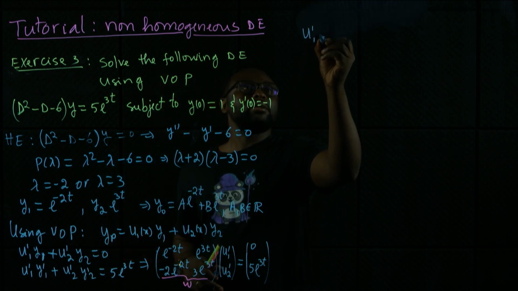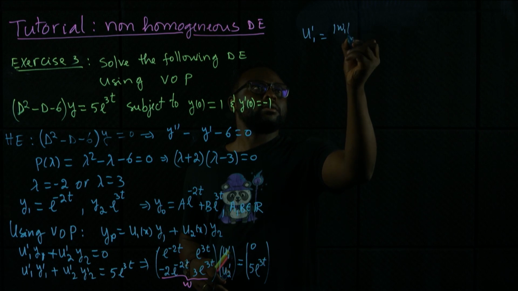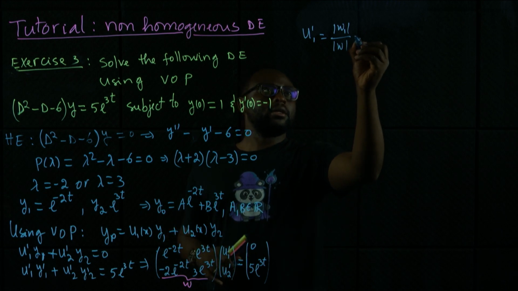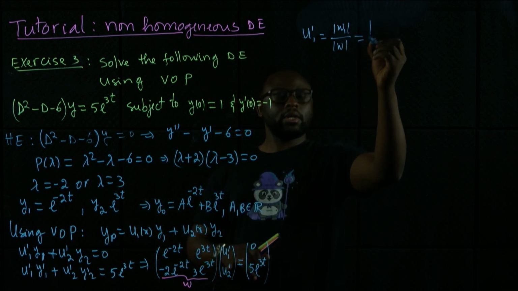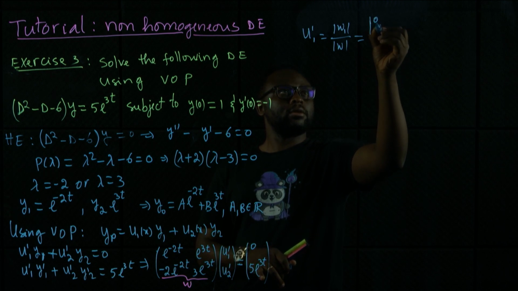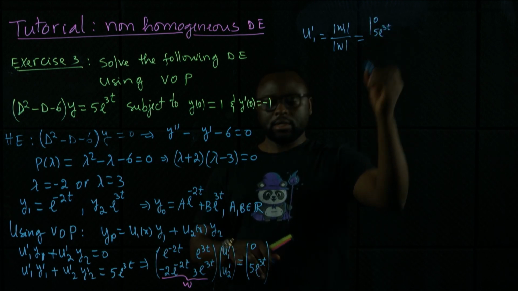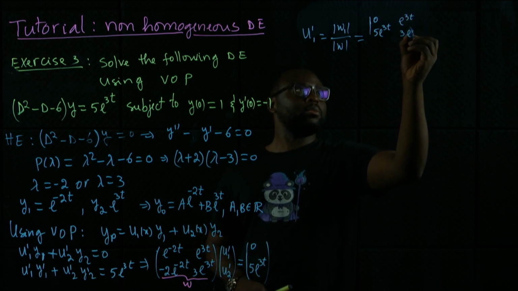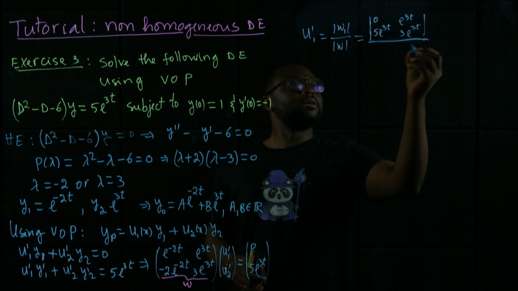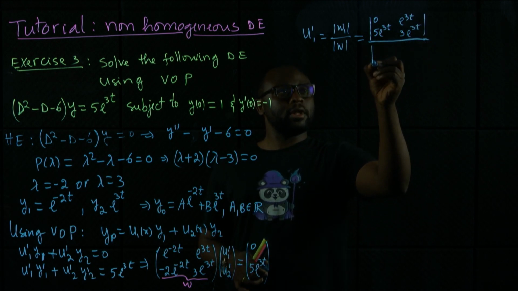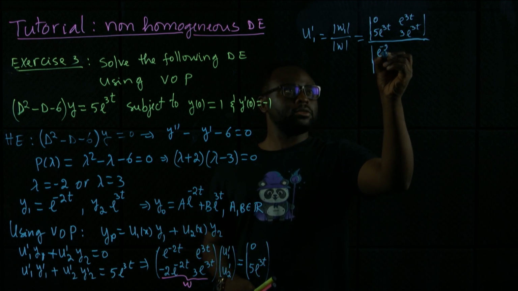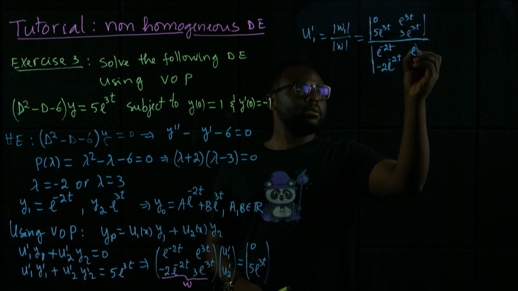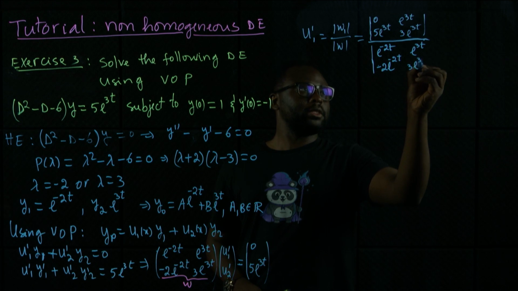So u1 prime is just the determinant of omega 1 over the determinant of omega. For the determinant of omega 1, we start with the right side, which is 0 and 5 times e to the power 3t, and the second column is e to the power 3t and 3 times e to the power 3t, divided by the determinant of omega.